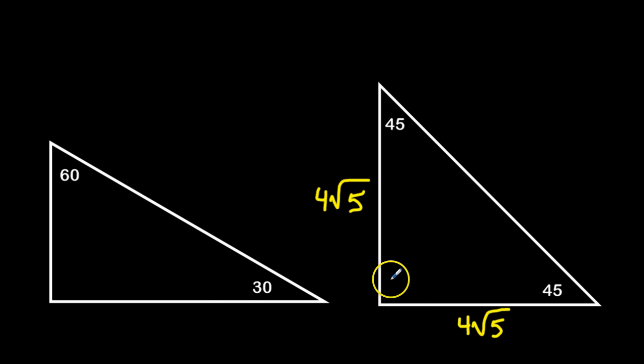Okay, and then how do I go from the short leg to the hypotenuse in this situation? I multiply by root 2. So 4 root 5 times root 2 is 4 root 10. And there's nothing inside of the radical that I can simplify, so I just leave it as is.